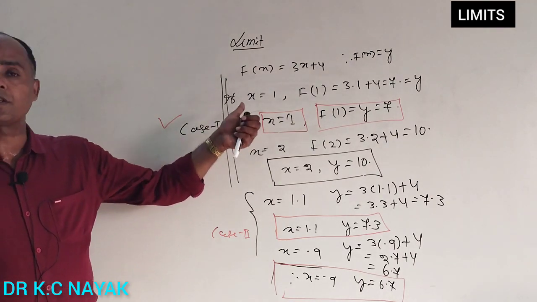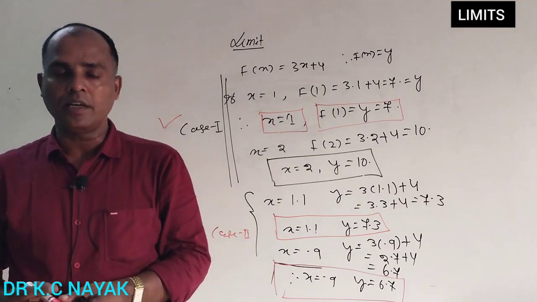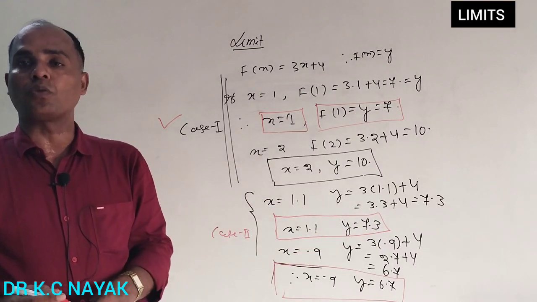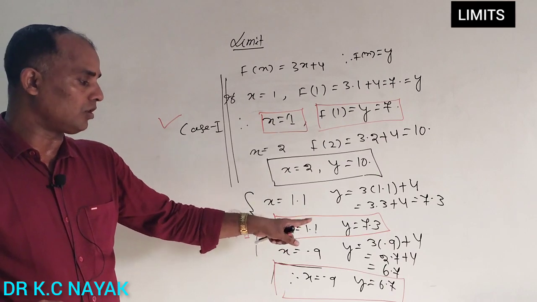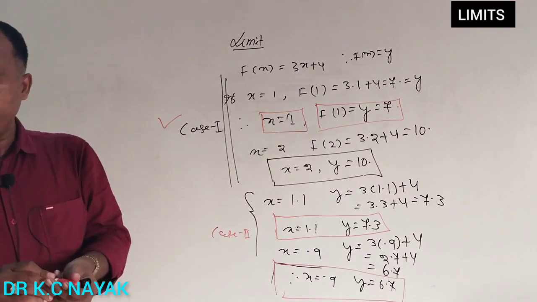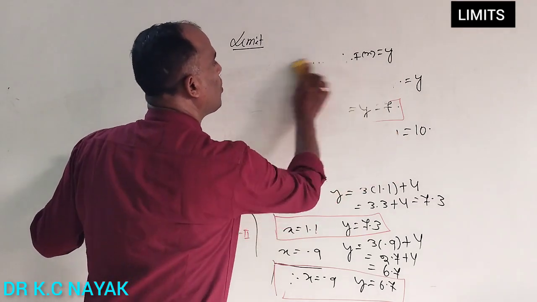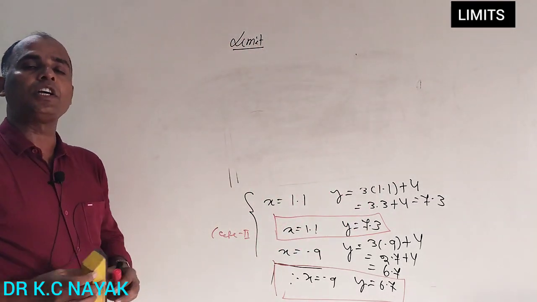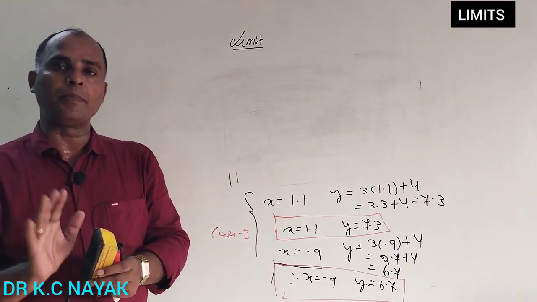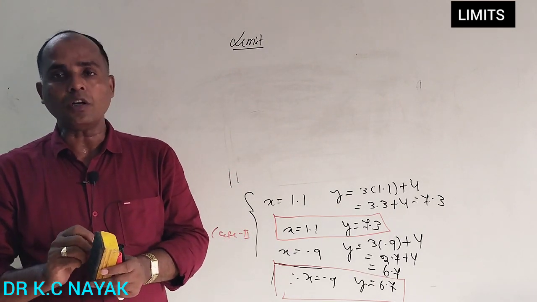In case 1, x is close, but in case 2, x is closer and closer to 1, then y is closer and closer to 7, or x is nearer and nearer to 1, y is also nearer and nearer to 7. We are defining limit as a concept of closer and closer or nearer and nearer, not exactly equal. That means this concept of limit is derived in case of nearer and nearer or closer and closer.